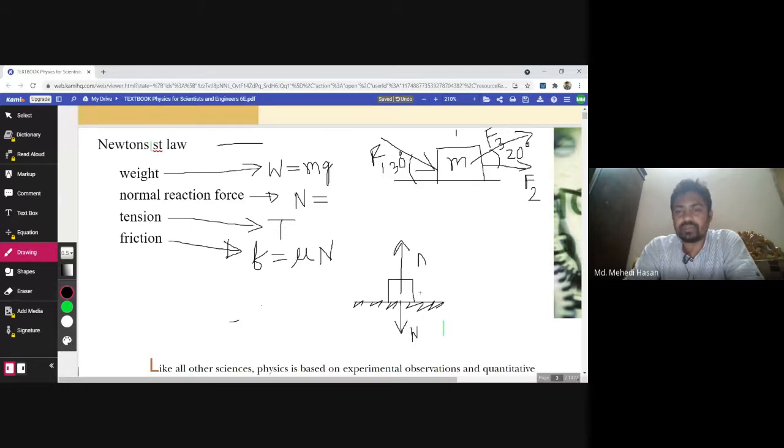So these are the two forces. Here tension and friction are not involved because no such forces are acting. Now if we consider there is a string attached with this object, and also another object here, so now there is a string involved.